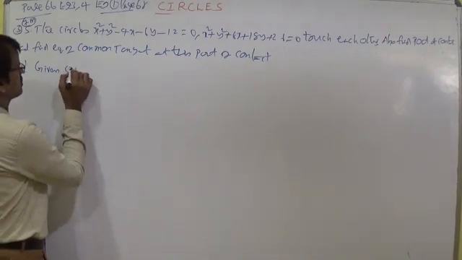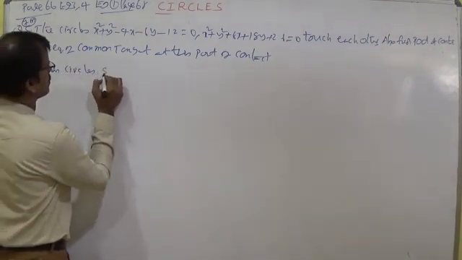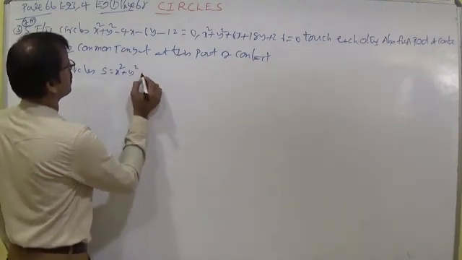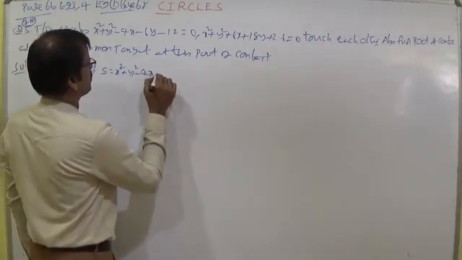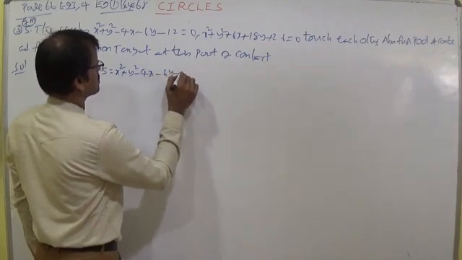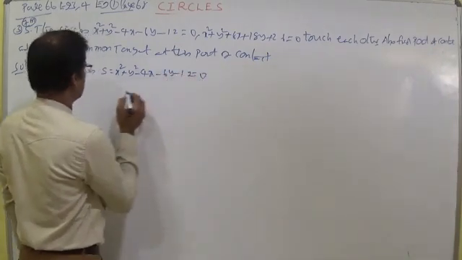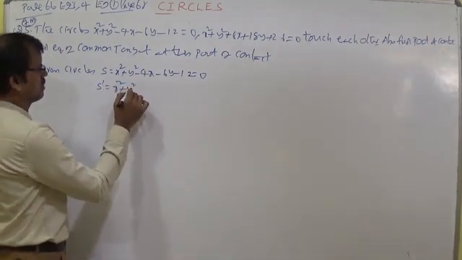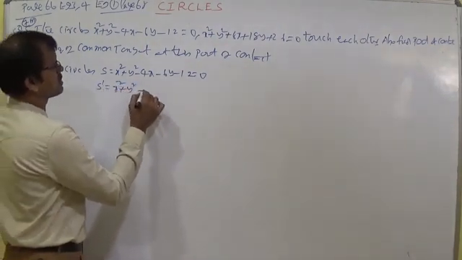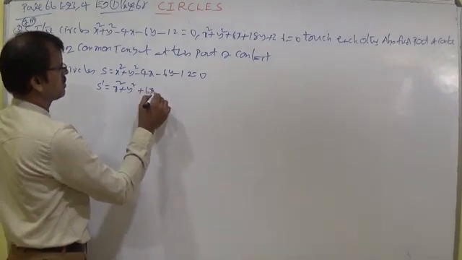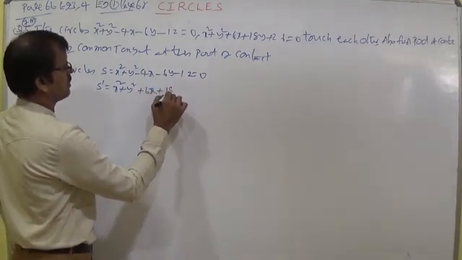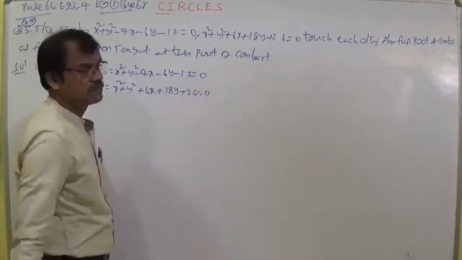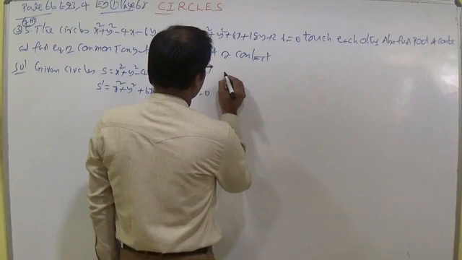Given circles, S is equal to x square plus y square minus 4x minus 6y minus 12 equal to 0. Next, S dash I am taking: x square plus y square plus 6x plus 18y plus 26 equal to 0. Here you can write as C1.